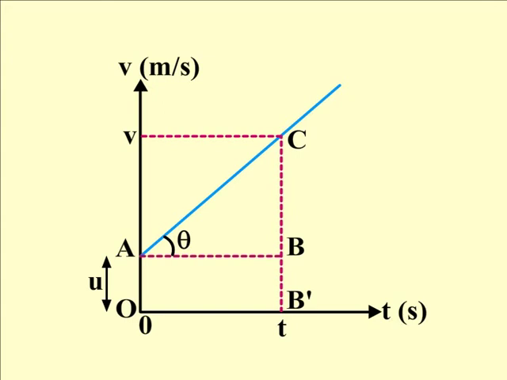Since we have a straight line velocity time graph, that is, velocity varies linearly with time, therefore, acceleration is constant.